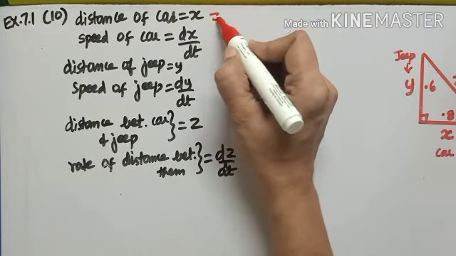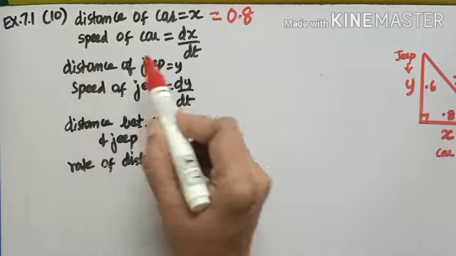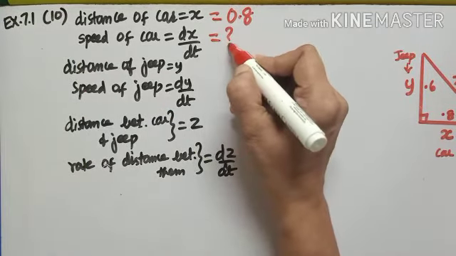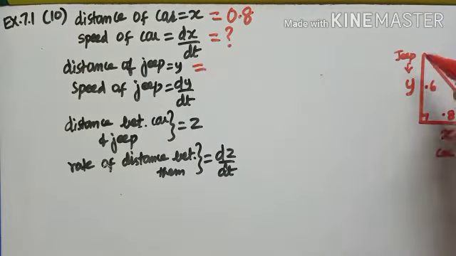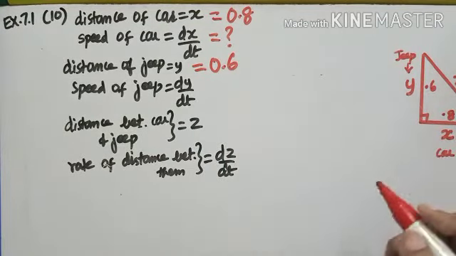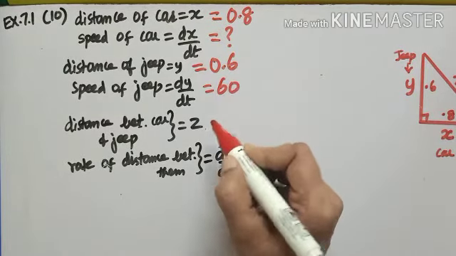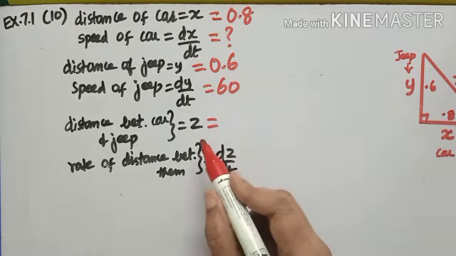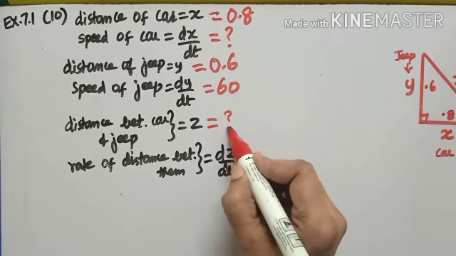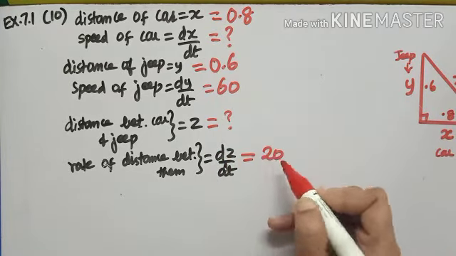Distance of car, we have taken x, that is 0.8. Speed of the car, we don't know, put question mark. Distance of jeep as given in the question, 0.6. Speed of the jeep as given, it is 60. And distance between the car and jeep, we don't know, we have to find it. But dz by dt is given, which is 20.